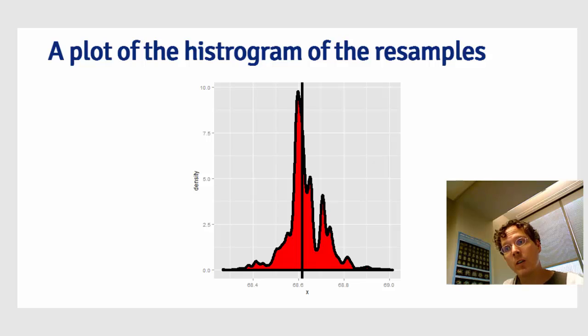So what we've done in this case is we've taken our vector of son's heights and we've repeatedly drawn from this collection of son's heights a new data set of the same length where we drew with replacement with equal probability on every observed data point. Then for each one of these new data sets, we calculated the median.